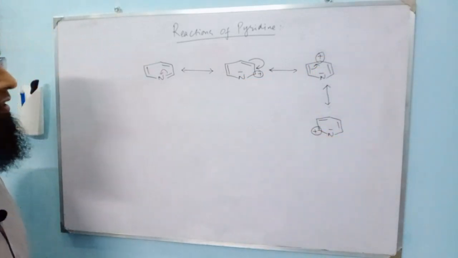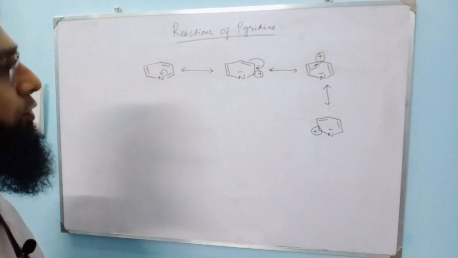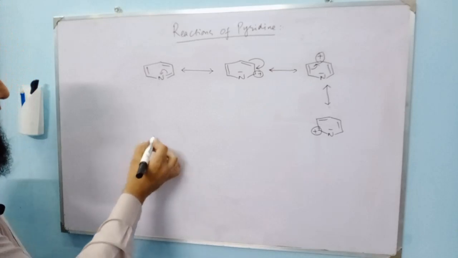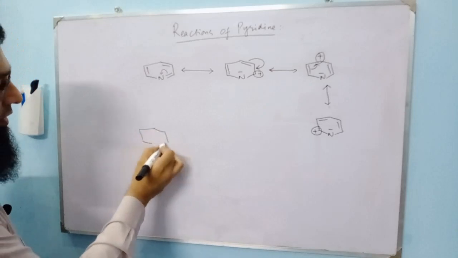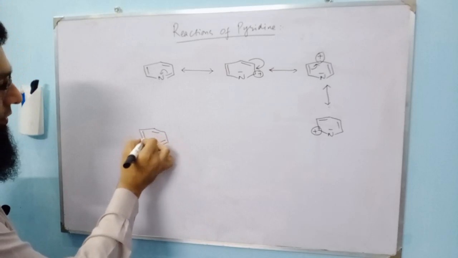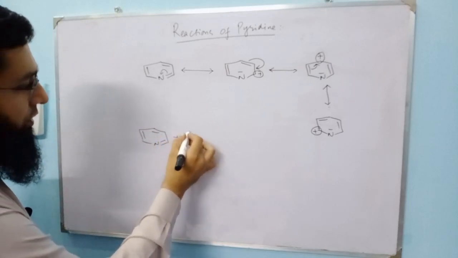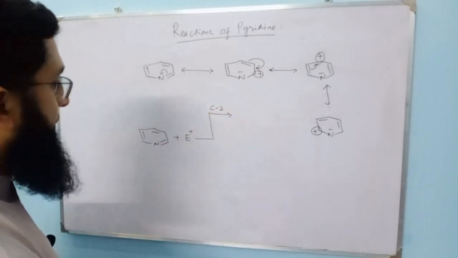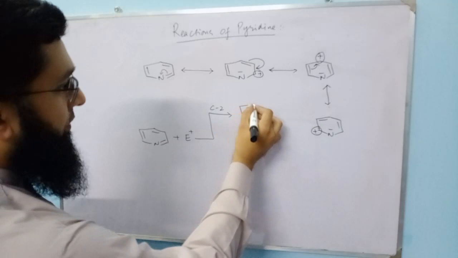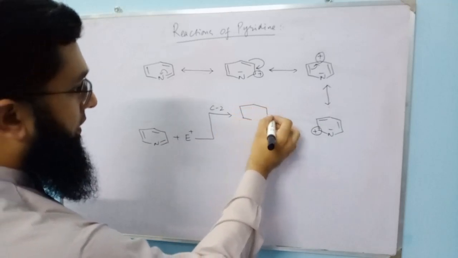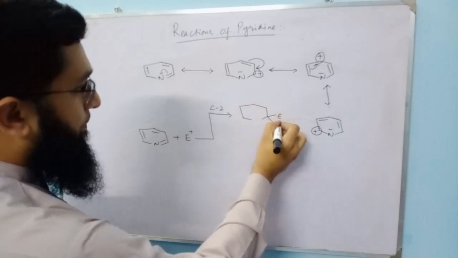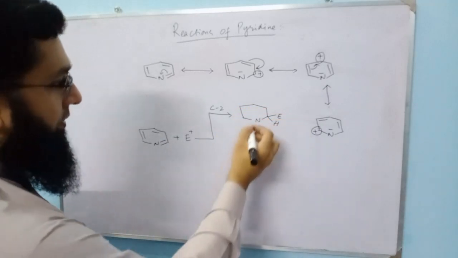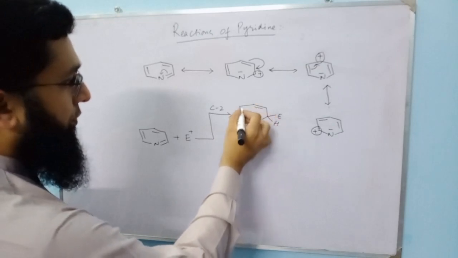electron density. Thus they are more susceptible to nucleophilic substitution reactions, and for electrophilic substitution reaction we can see a general reaction with pyridine using an electrophile, and if C2 attack takes place we will get electrophile added on position 2, and in this case nitrogen would get positive charge.